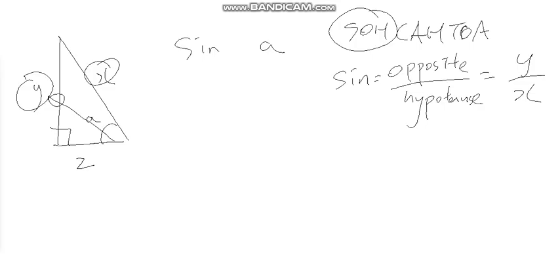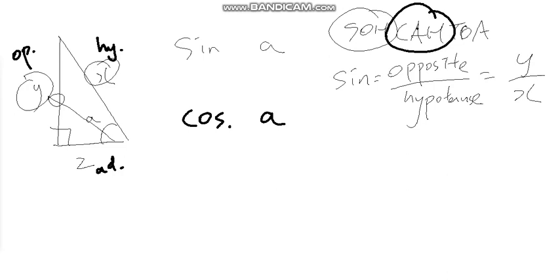Let's try a different question with cosine. Don't mind the marker change. The cosine of A. As mentioned before, this would be opposite, this would be adjacent, and this would be hypotenuse.